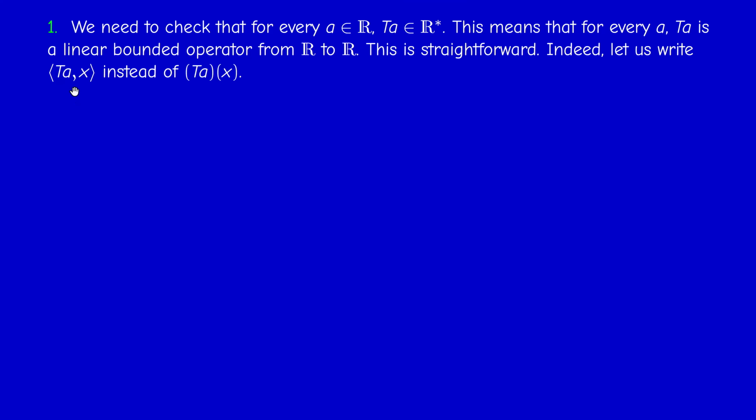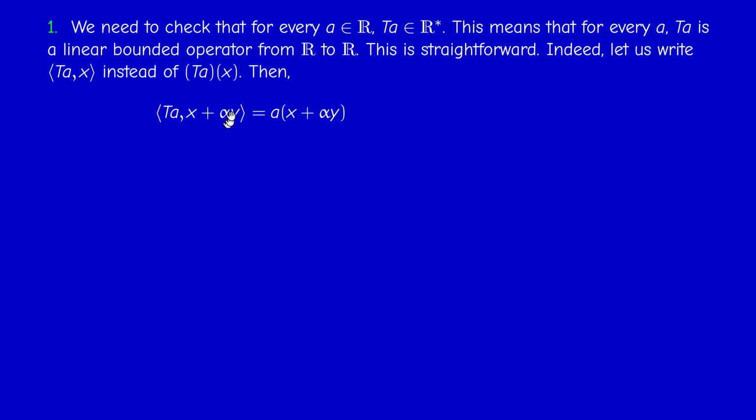Okay, so just as we said, for simplicity, instead of writing TA of x, we can write TAX. Okay, but let us write it just once to really understand what you should do in such situations. But everything is trivial.